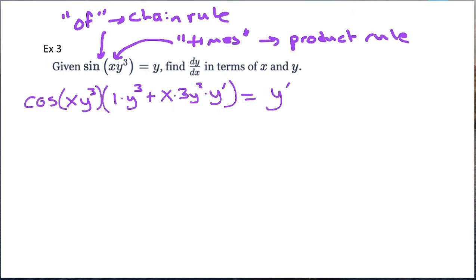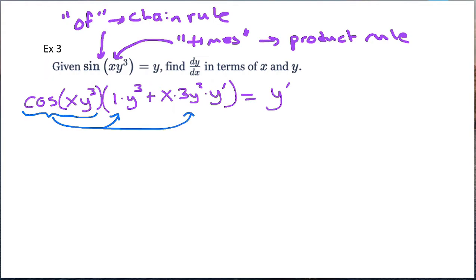You might go, oh my God, that looks terrible. And I would say, yeah, that looks pretty bad. But we can simplify this by actually taking this thing and distributing it to that term and to this whole term.